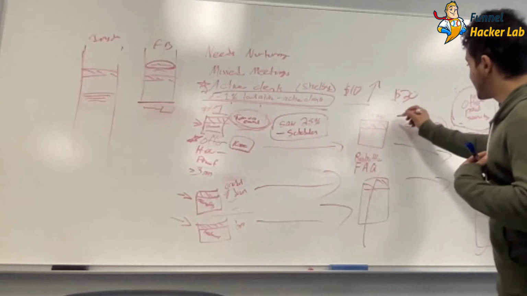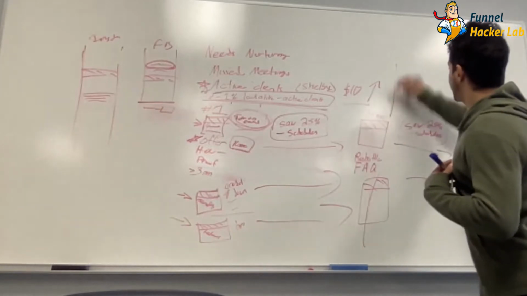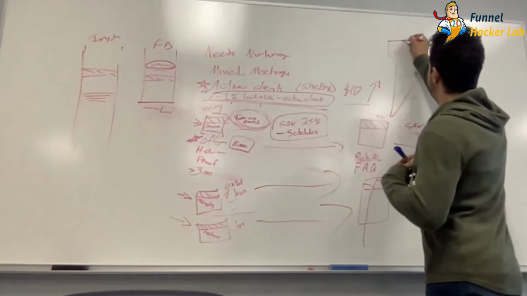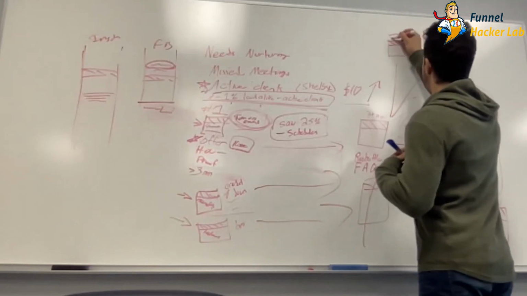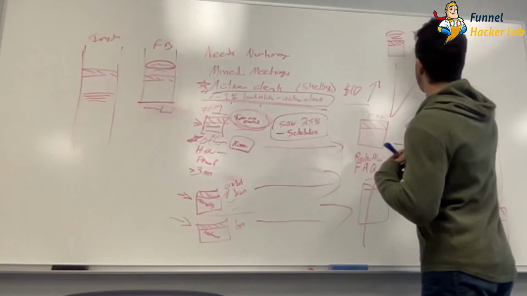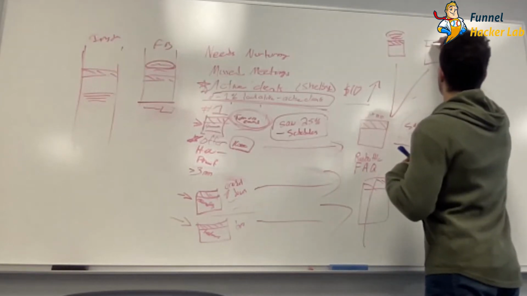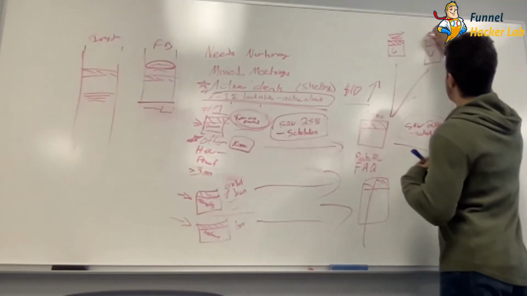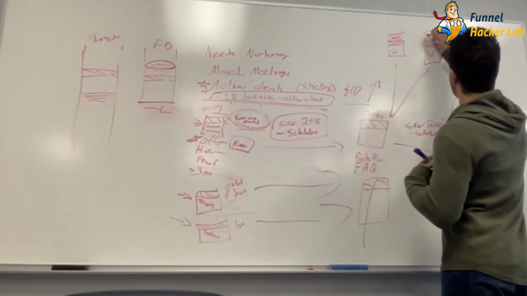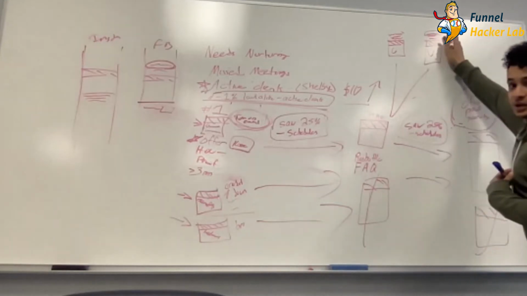From this one, I would split test and make 2 videos with just 2 different headlines. I would still use this video, but make 2 different headlines. So I would keep this one the same. This one would be the control, this would be the variable. I would just change this top headline is all I would change.